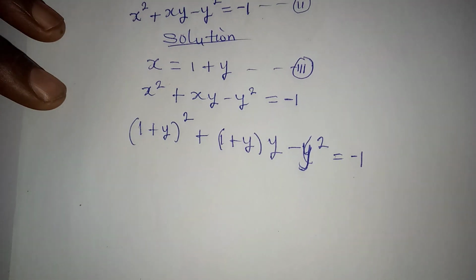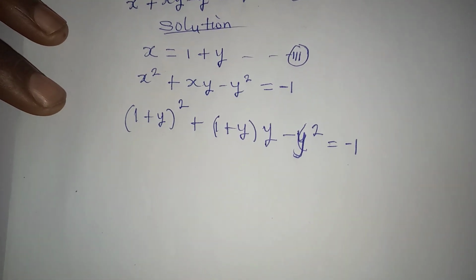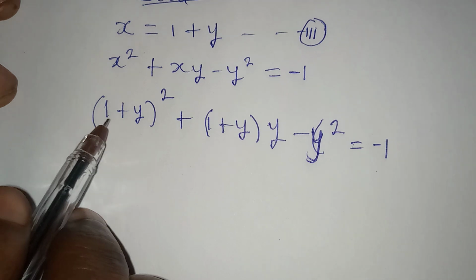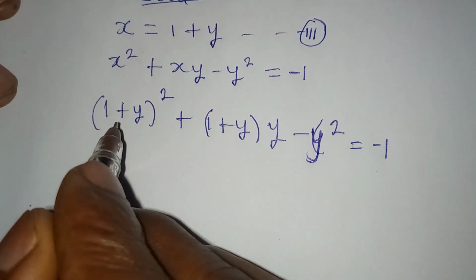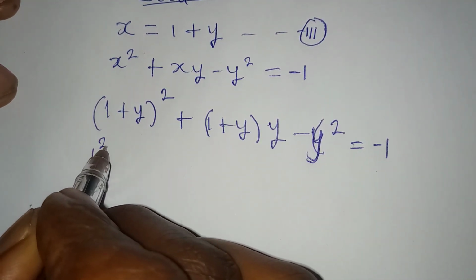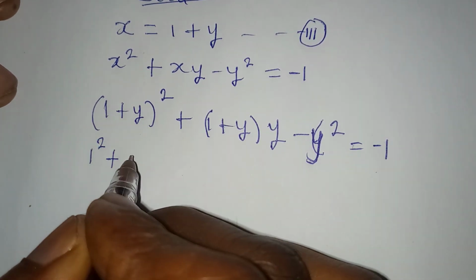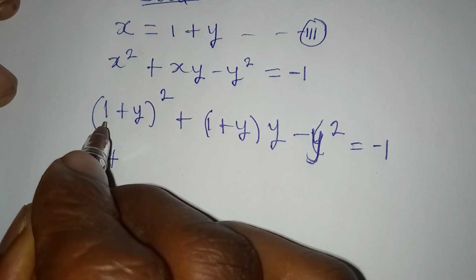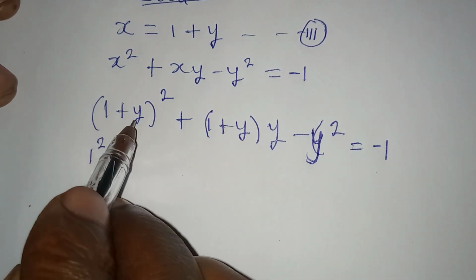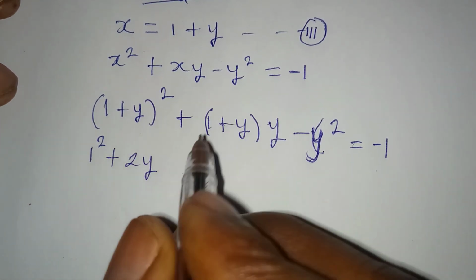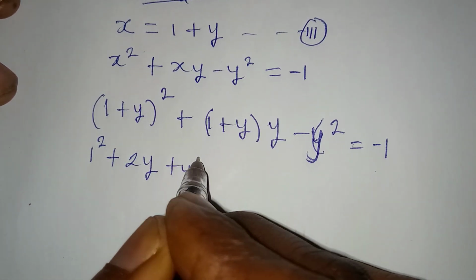Right? So what again do we do? Let's continue. We're going to expand what we have over there. So if we expand this, we're going to have 1 squared plus 2 times 1 times y, and that will be 2y, then plus y squared.